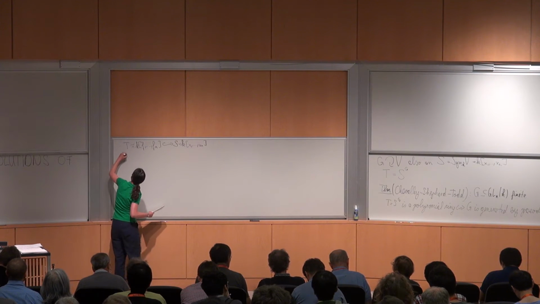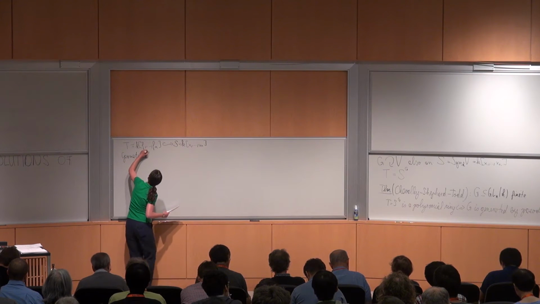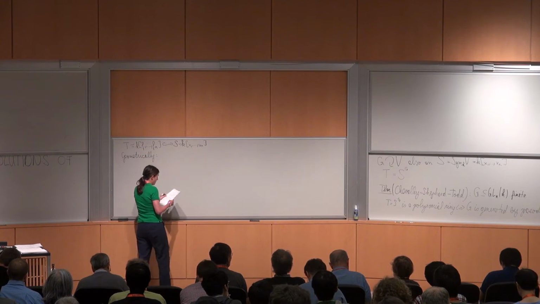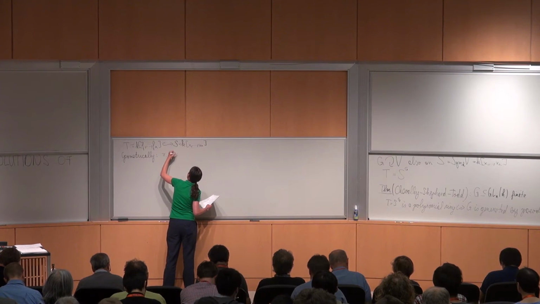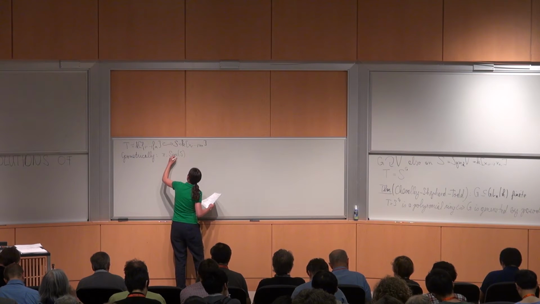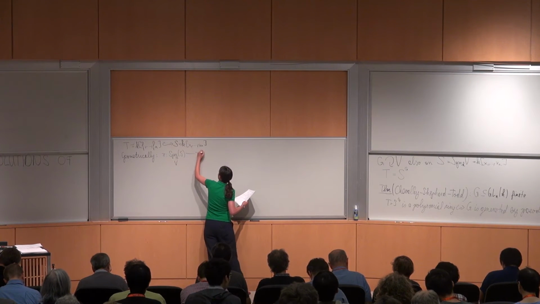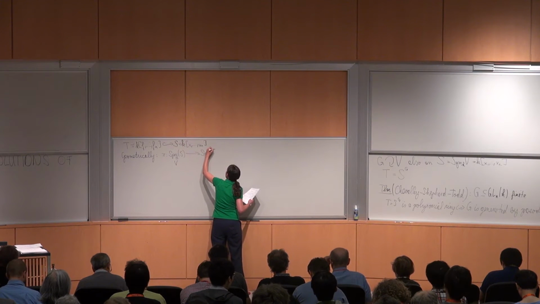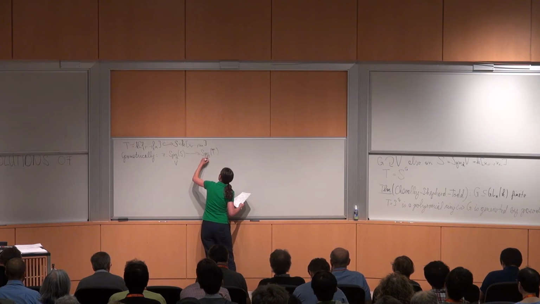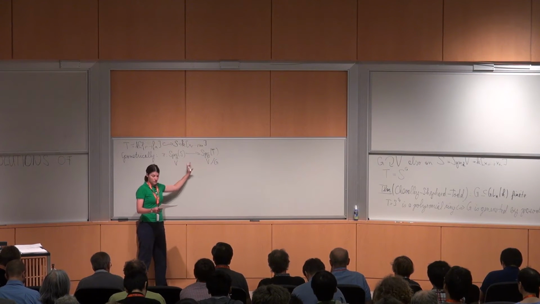Geometrically, we get the projection pi from Spec S, which is just isomorphic to V, onto the quotient Spec T, which is the same thing as V mod G, and this is a map between two smooth spaces.